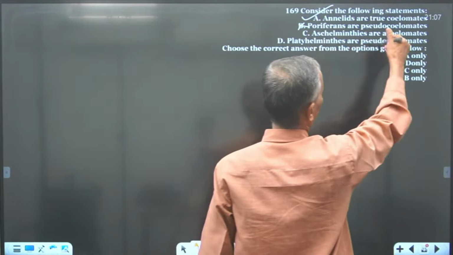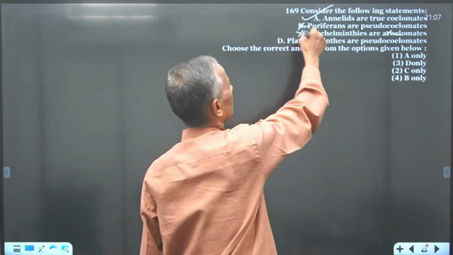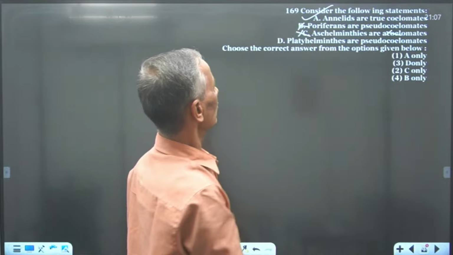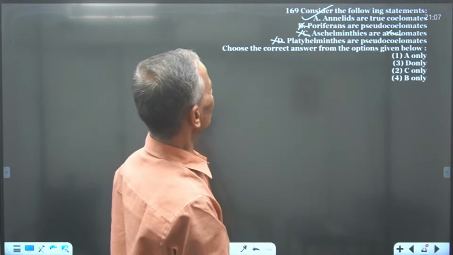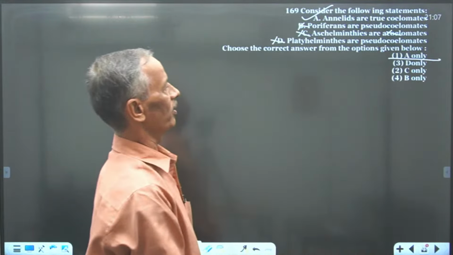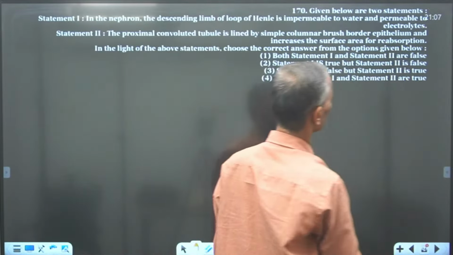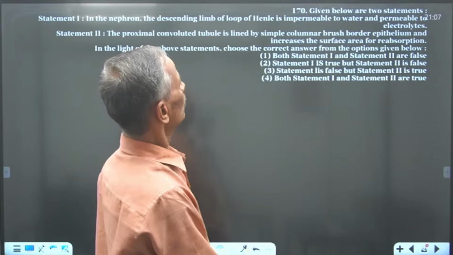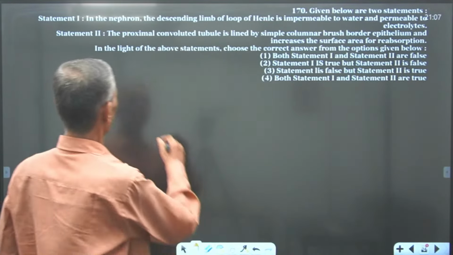Aschelminths are having pseudocoelom. Platyhelminths are pseudocoelomates. So only one is the correct one. Choose the correct answer. A is the only one. Okay. Two statements. In nephron, descending limb of loop of Henle.